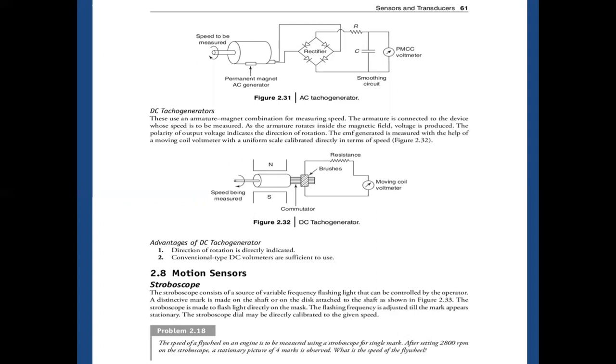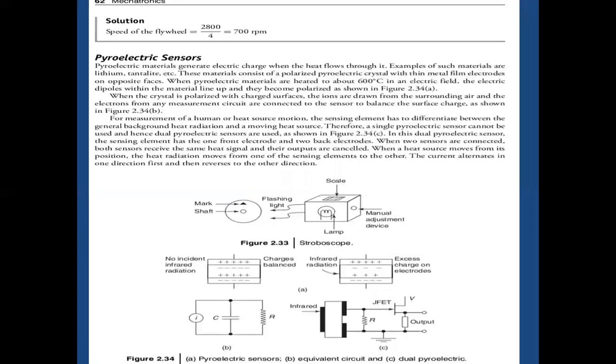After setting 2800 RPM on the stroboscope, a stationary picture of 4 marks is observed. Not only 1 mark is there, but 4 marks. So what is the speed of the flywheel? The speed of the flywheel equals 2800 divided by 4, which is 700 RPM.